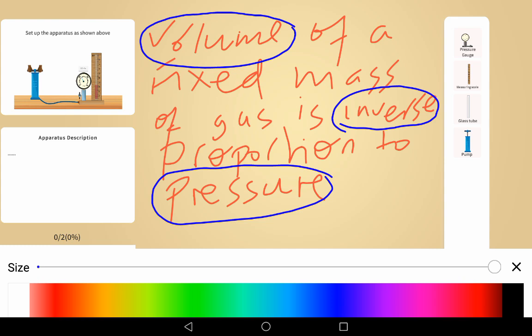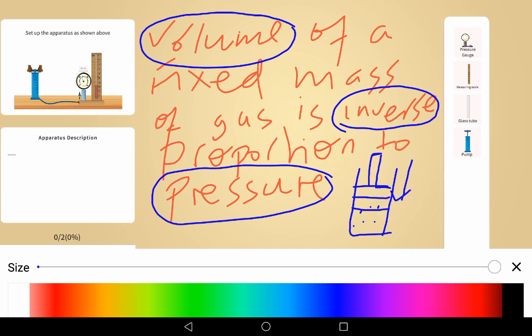So an example is that. If you confine a gas, let's say you have a cylinder in which a gas is confined, and you apply a force on this piston, so you have gas particles here. If you apply a force down, the volume is going to decrease.